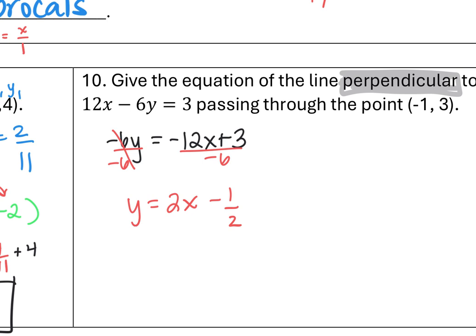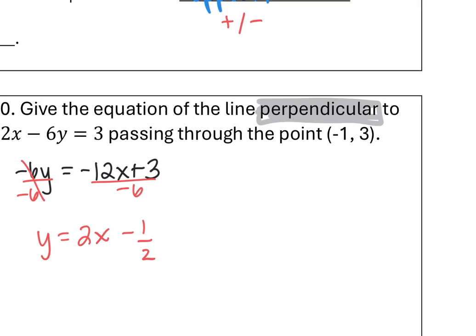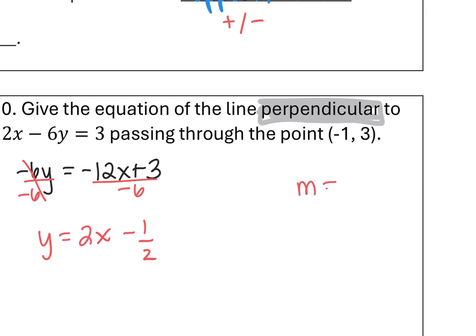So if this equation has a slope of 2, it is going to be negative. We have to make it the opposite sign. So since 2 is positive, our slope is going to be negative. And 2 over 1, when I flip it, is 1 over 2.